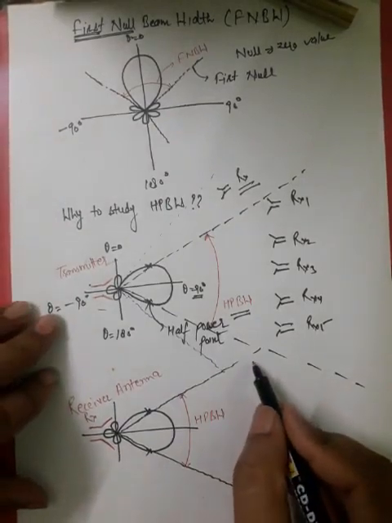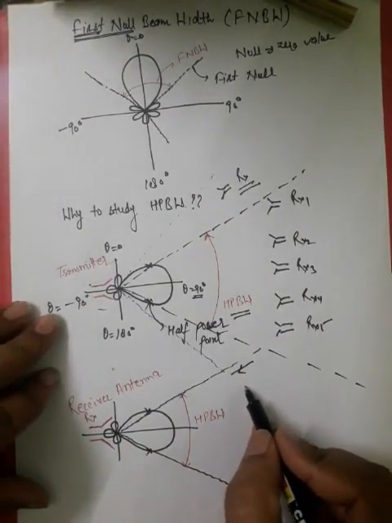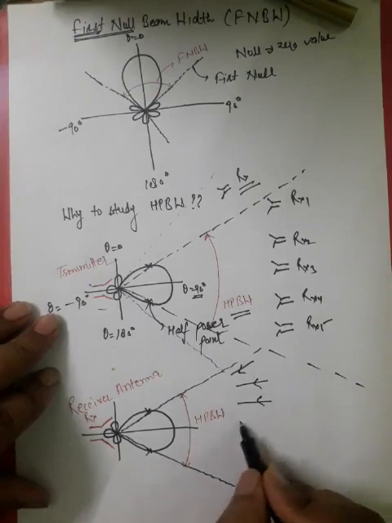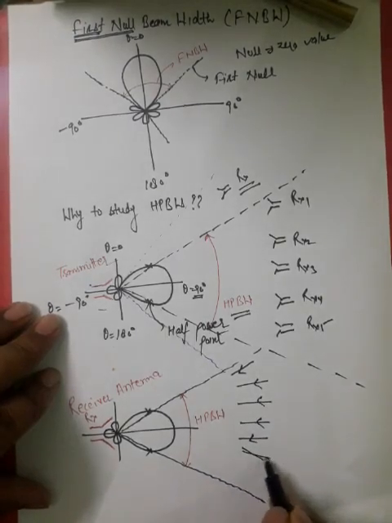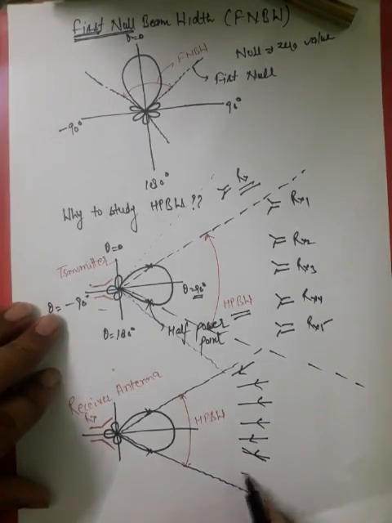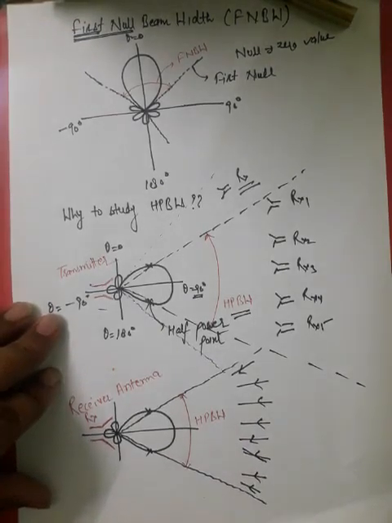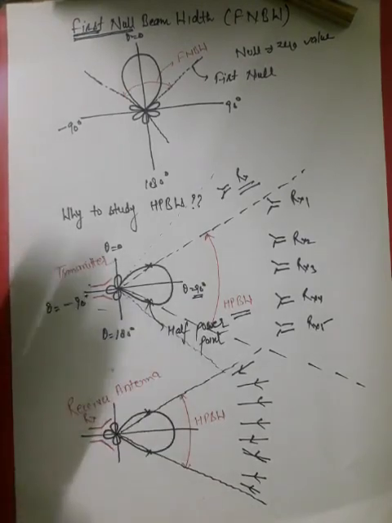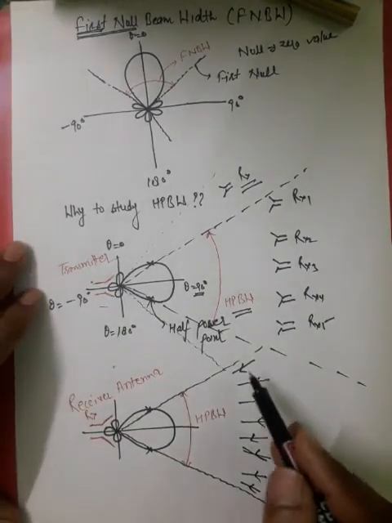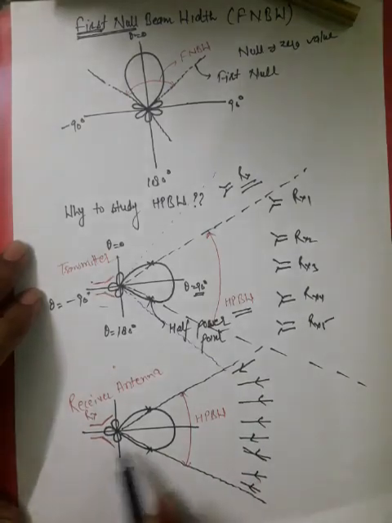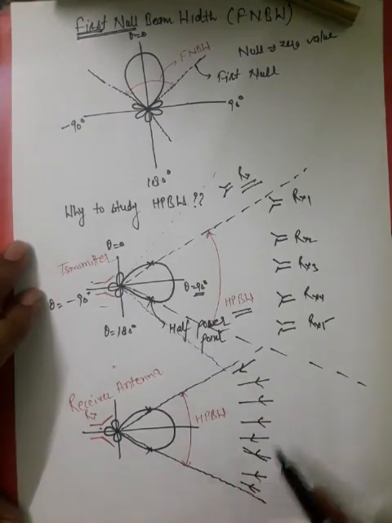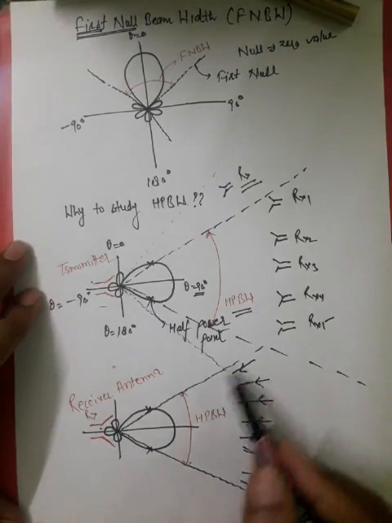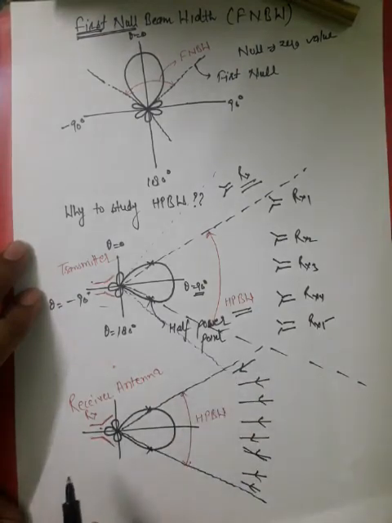Now any wave which is coming within this half power beam width of the antenna will be received by the antenna. Any wave which is coming beyond this half power beam width will not be received by the antenna.